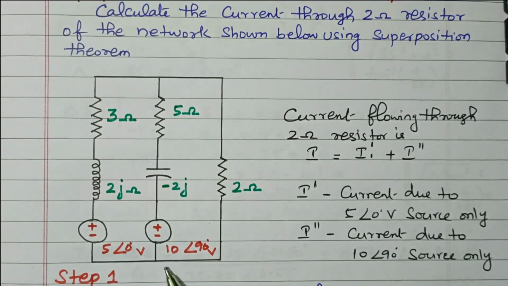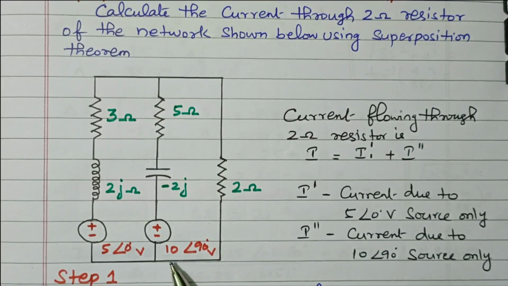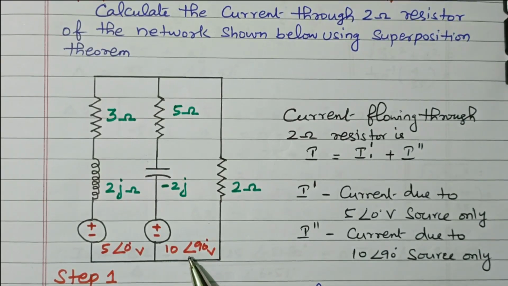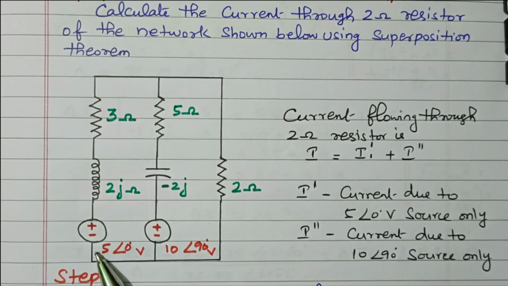So in step 1 we consider only the 5 volt source, and the 10 volt source is removed, that is short circuited. In step 2 we consider only the 10 volt source and remove the 5 volt source, that means short circuit.